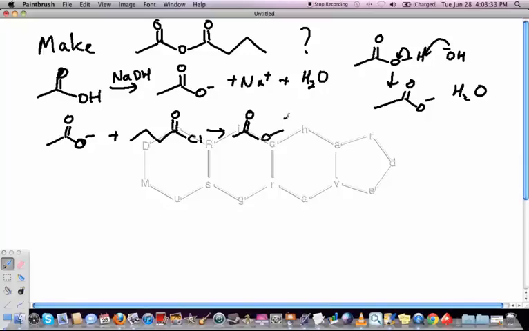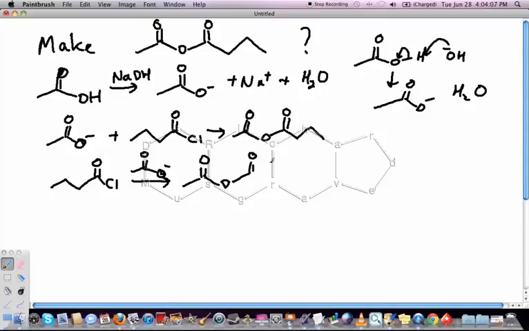Alright, let me show you the mechanism for this. First of all, I'm going to rewrite this, and I'll rewrite it with the benzoyl chloride here, and I'll put the carboxylate ion above the arrow so it looks more like what I've got. And that will be our product, and Cl minus as well.